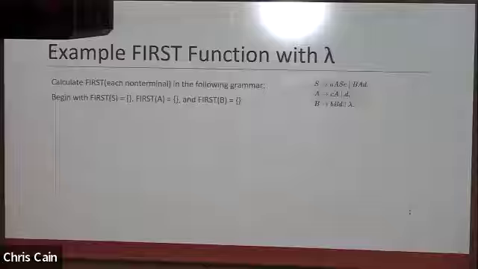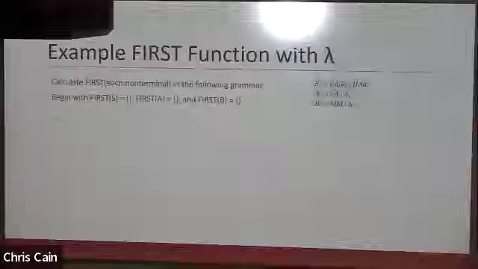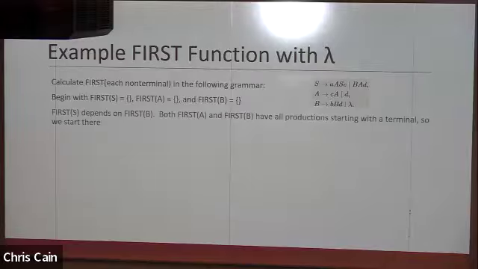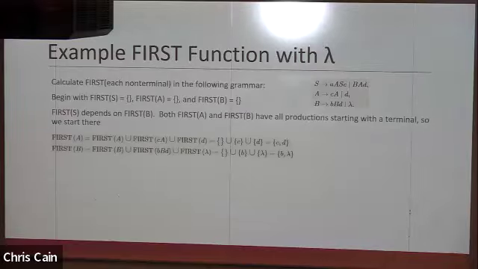For B, we actually want to add lambda to the first of B, and the reason we want to do this is if we ever come back to it and ask what the first of B is, we want to see that lambda and have the ability to move past it in whatever calls it. So we're going to define first of B as B and lambda.